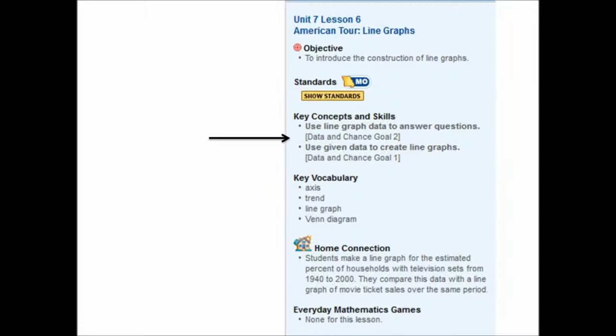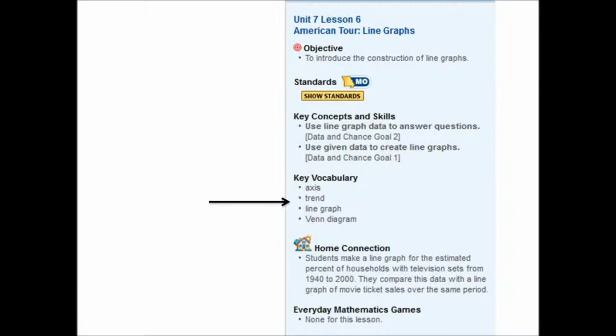Next, in the teacher's manual, you will find the key concepts and skills for this lesson. The first, in this particular example, is to use line graph data to answer questions, and the second is to use given data to create line graphs. We now know that students more readily understand mathematical concepts if they have a clear understanding of the definition of key vocabulary.